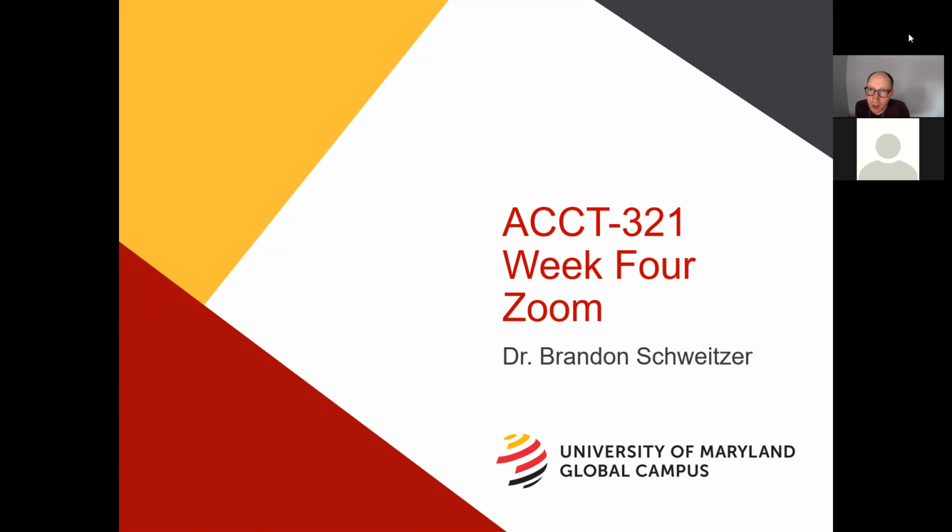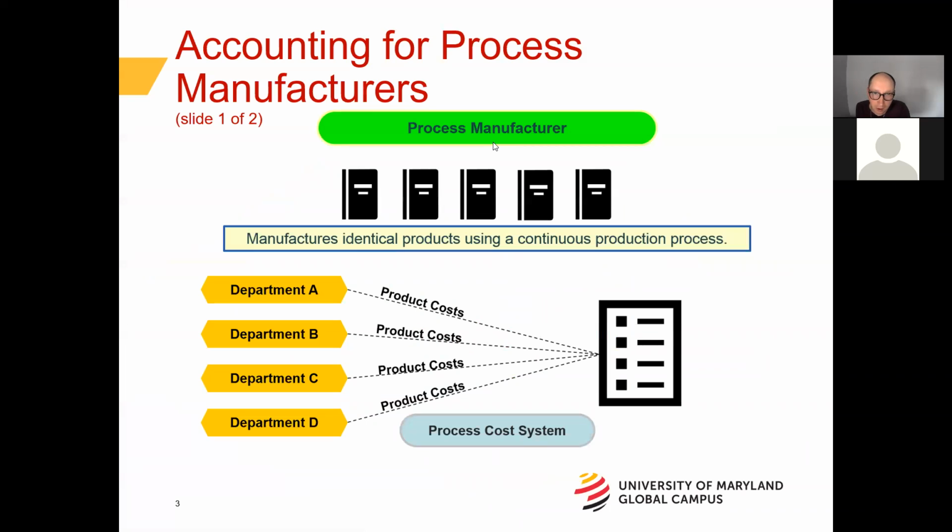So, as we learned last week about process costing, we learned that process is continuous. What do we mean by continuous? We're continually adding cost at each step of the manufacturing process. And the manufacturers that use process manufacturing are what we call processors.